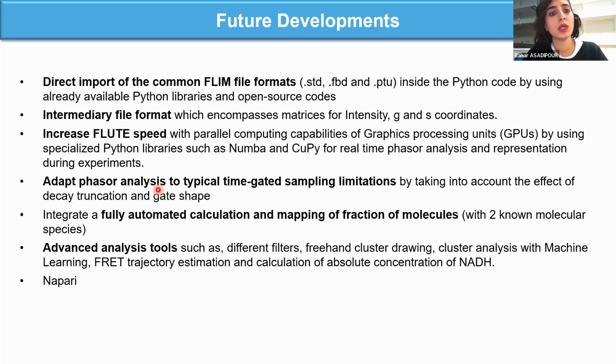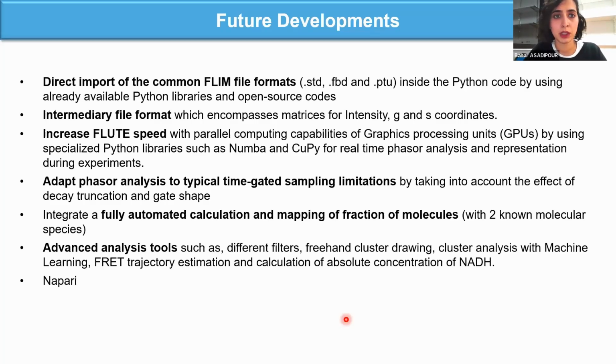And also interesting to adapt phasor analysis to typical time-gated sampling limitations by taking into account the effect of decay truncation and gate shape. It's interesting to integrate a fully automated calculation and mapping of fraction of molecules, and to have more advanced analysis tools such as different filters and cluster analysis, and also last but not least, moving everything to Napari, because it can be of use for the users out there.